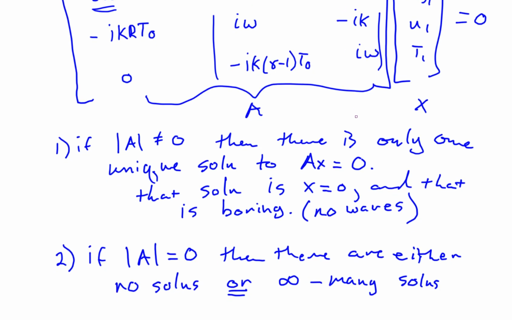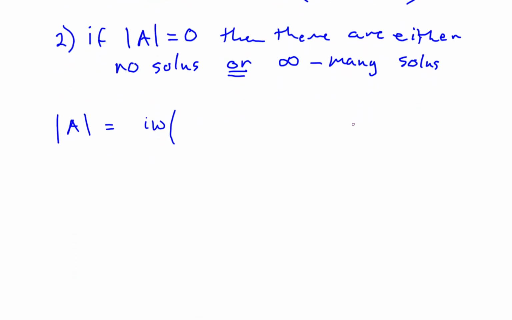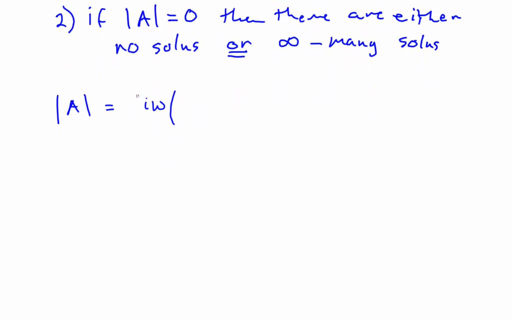So if we do that, paying attention to the sign conventions as we go to the middle column, what we get is the following. We get i omega times the subdeterminant, which is (i omega) squared, then minus (i k) squared times (gamma minus 1) R T0.